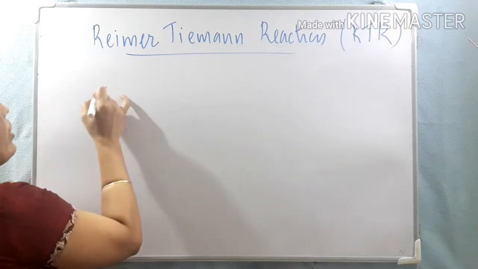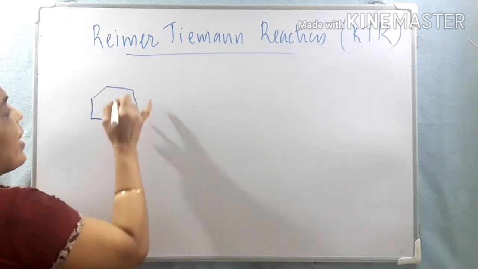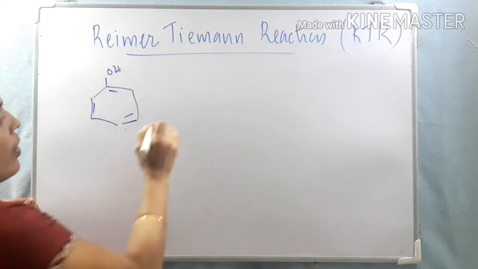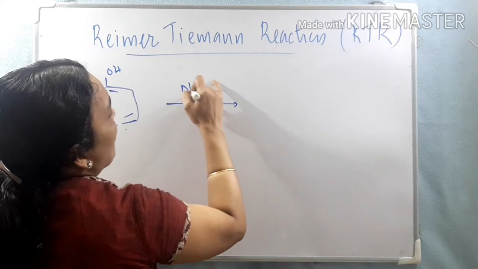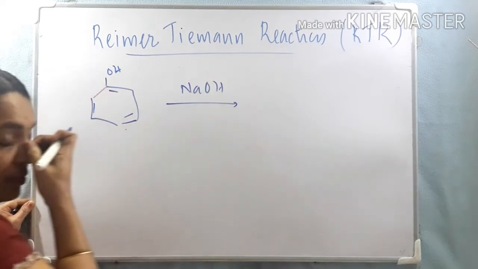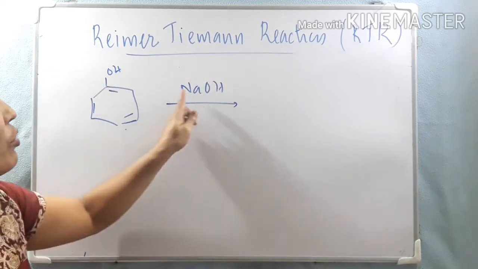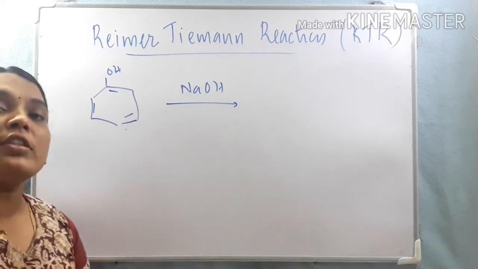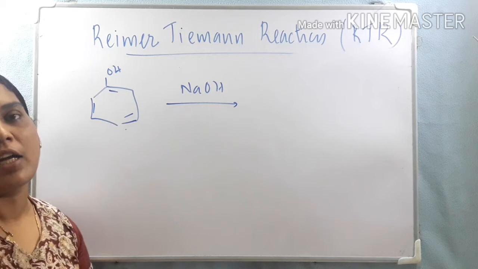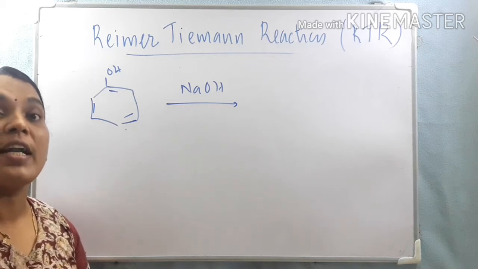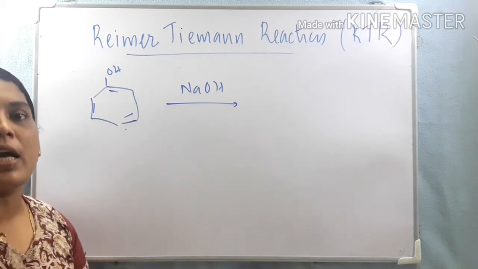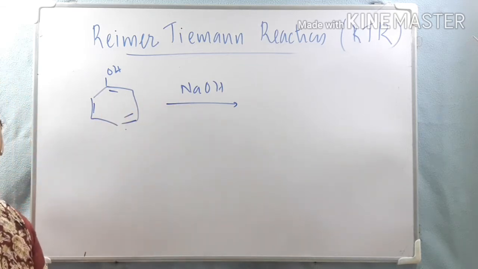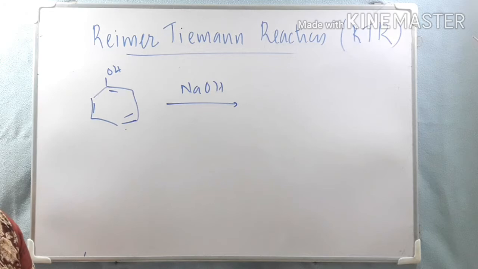Clear? Now in the case of phenol, in presence of NaOH. What is the use of NaOH here? We studied that phenoxide ions are more stable than phenol. So NaOH helps to provide a phenoxide ion or sodium phenoxide.